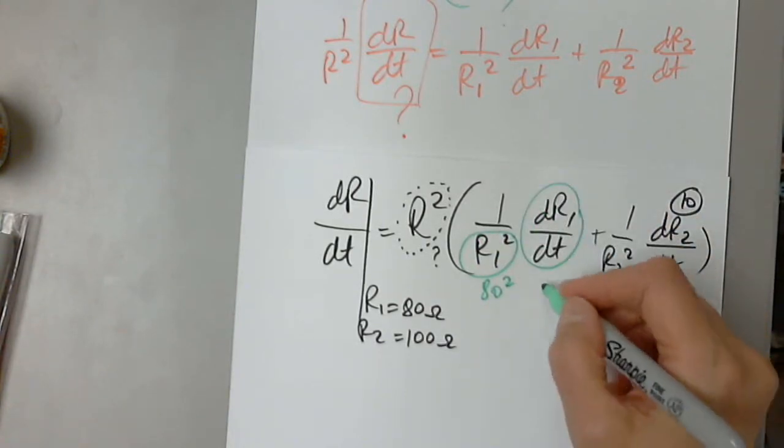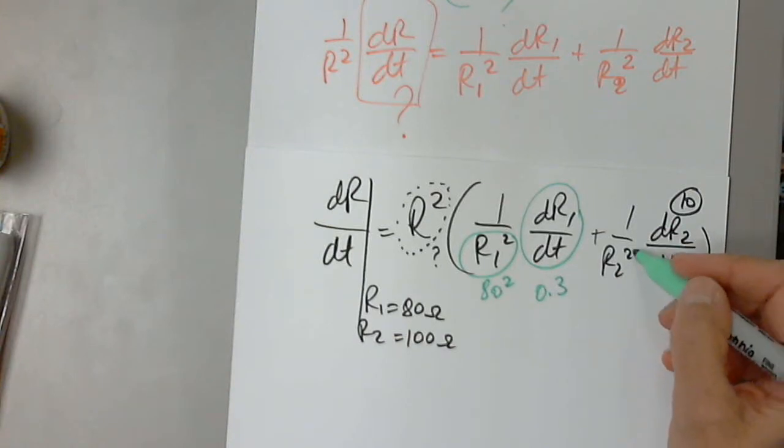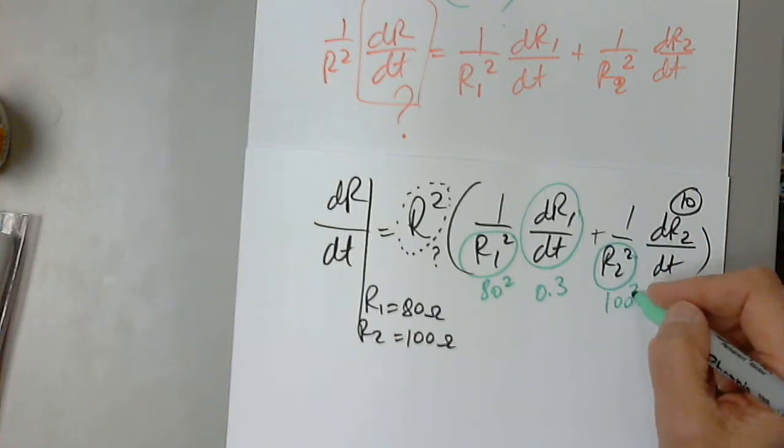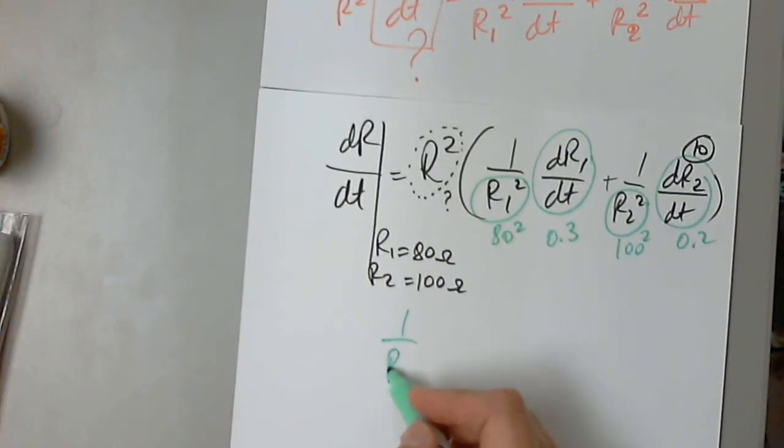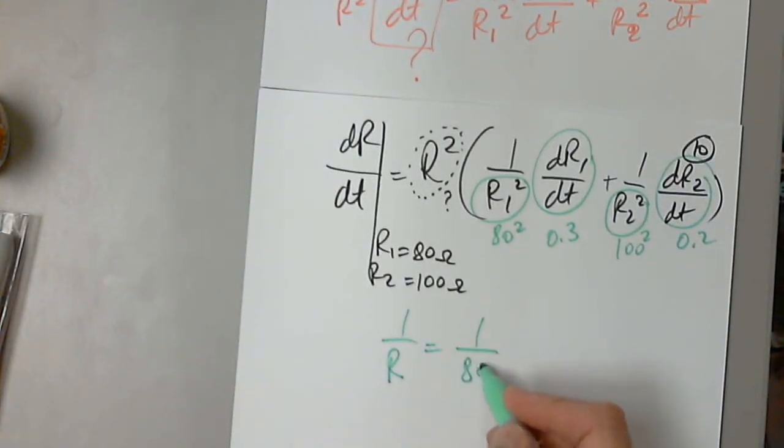I have this as being 0.3. I have this as being 100 squared. And I have this as being 0.2. Those I have. But I have to determine R. And the relationship is 1 over R equals 1 over 80 plus 1 over 100. So when R1 is 80 and R2 is 100, I have to determine R.